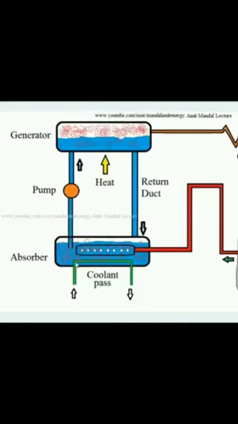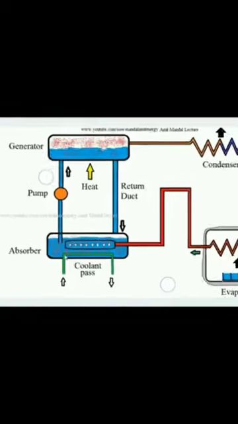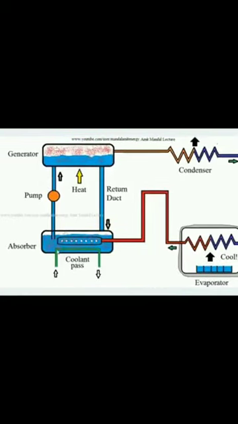We know the function of the absorber. The vapor ammonia coming out from the evaporator mixes with cold water, where aqua ammonia solution is made, and then it is pumped through the pump to the generator, where heat is provided.